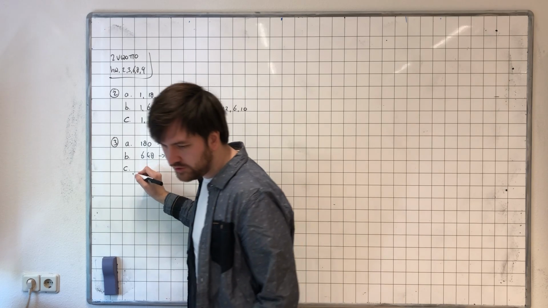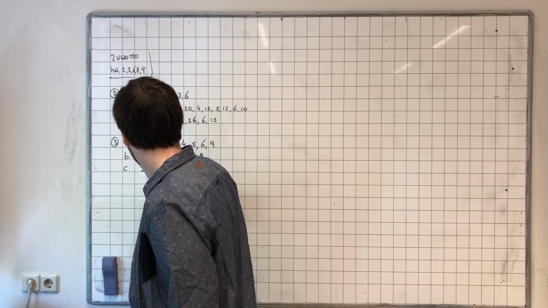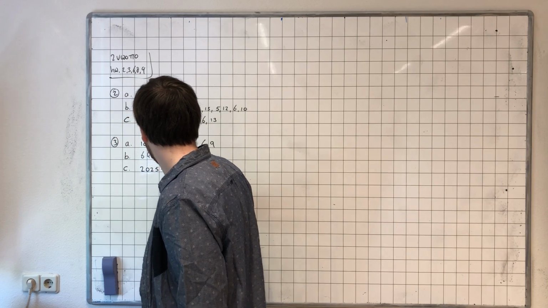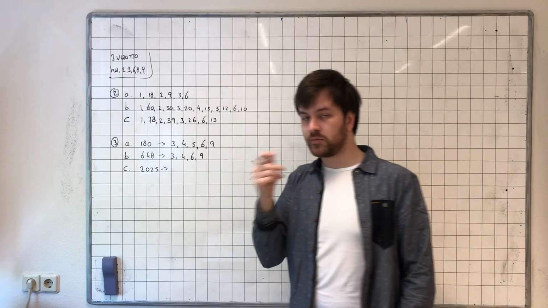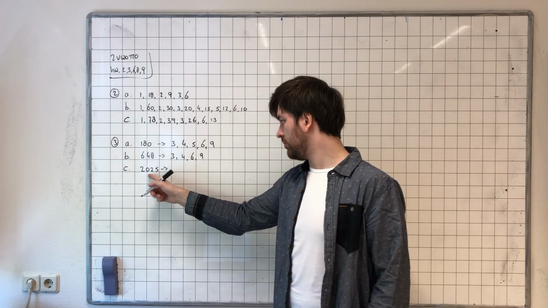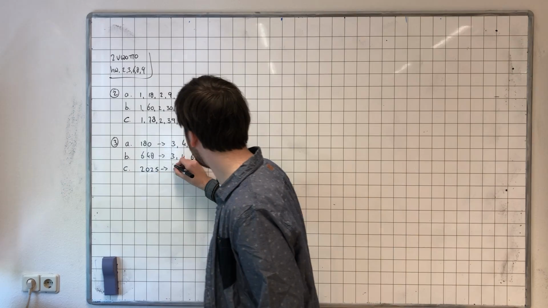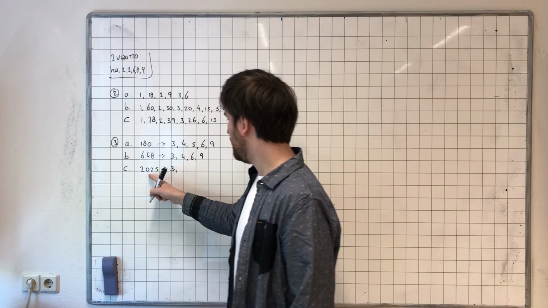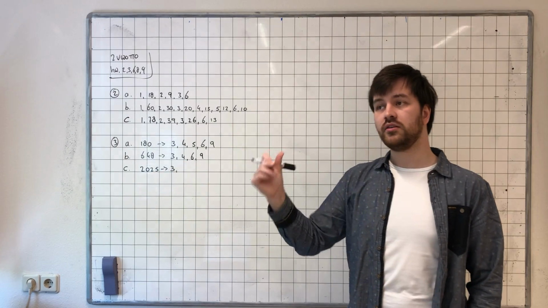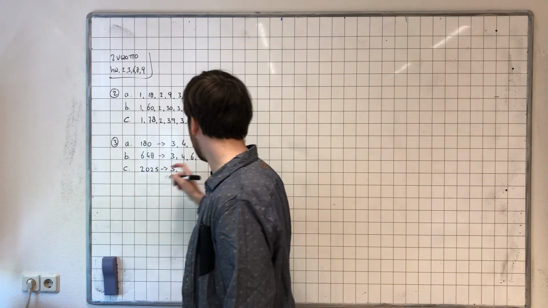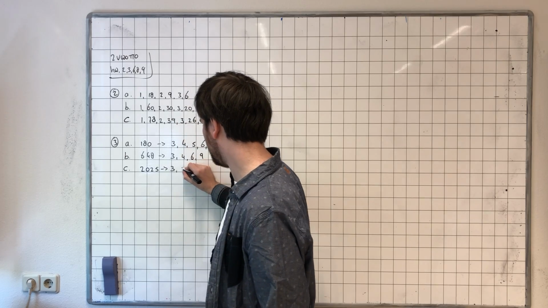The last one, 2025. If we add all these numbers up together, it's 2 plus 0 plus 2 plus 5. That's 9, which is divisible by 3. The last two digits, 25, we can't divide that with 4, so we can't divide it with 4 at all.